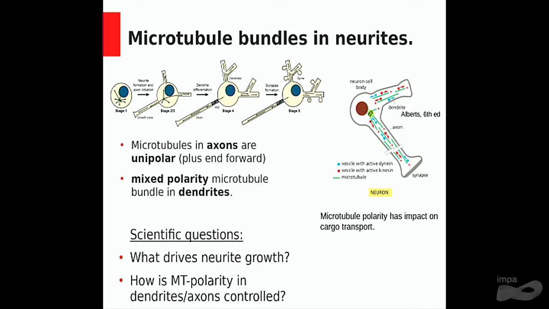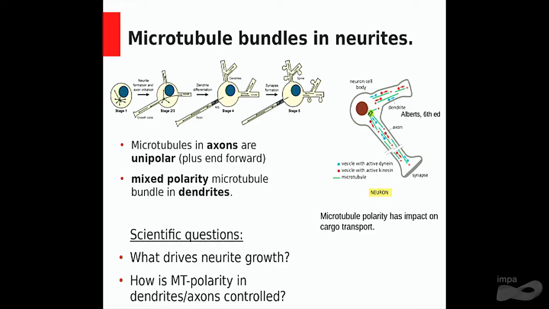Typically, we observe that in axons, all the microtubules are with their plus end outside. That implies that they also grow into the direction of the process. So in that movie we just have seen, we should see all those fluorescent points moving towards the tip of the axon, because all the microtubules there are plus end outwards.